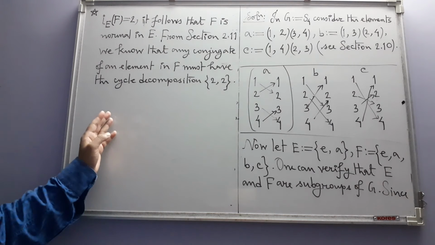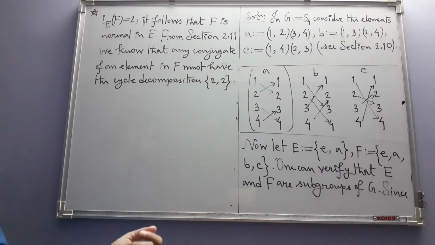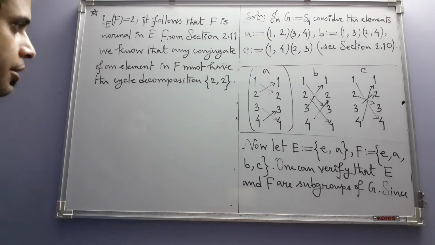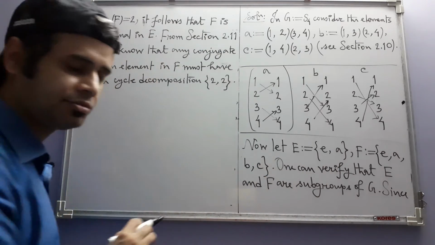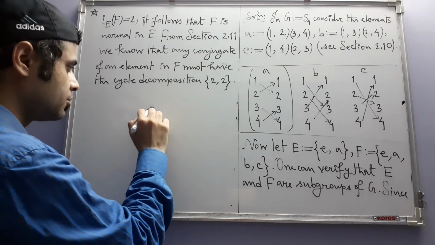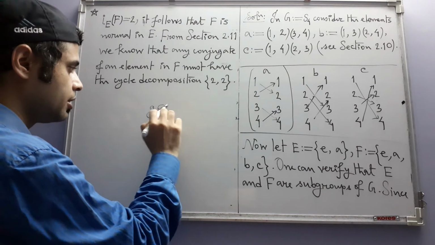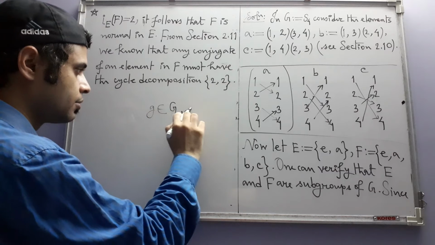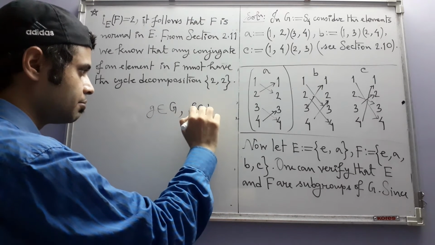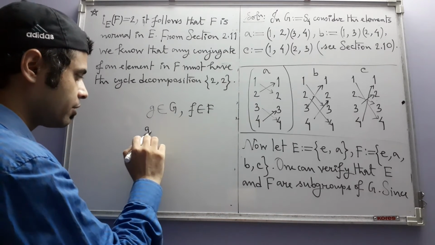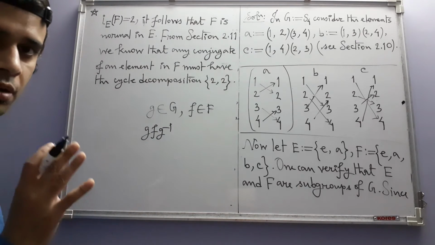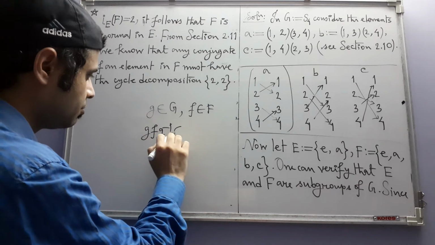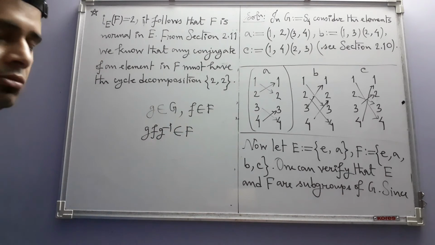Okay, but why are we talking about conjugates and these things? It's because when you try to see whether F is normal in G, you would consider an element from G and an element from F, and form this element, which is a conjugate of F, and you would want to know whether this belongs to F or not.